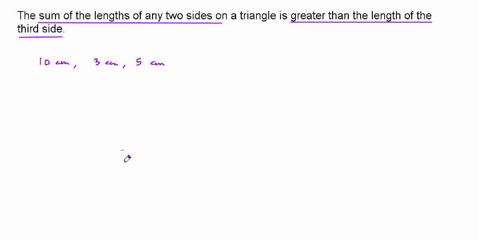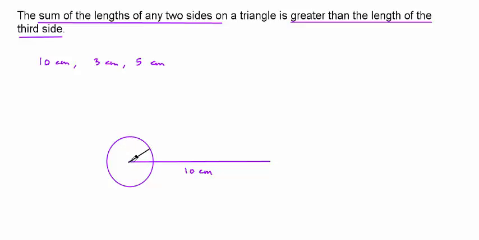I have decided that I'm going to make the 10 centimeter line the base of my triangle. And let's say I want to draw the 3 centimeter side from this end of the 10 centimeter side. I'm going to draw a circle whose radius is 3 centimeters and whose center is this point, so that my 3 centimeter side can be at any point on this circle. I mean, this is also 3 centimeter length, so is this or this.